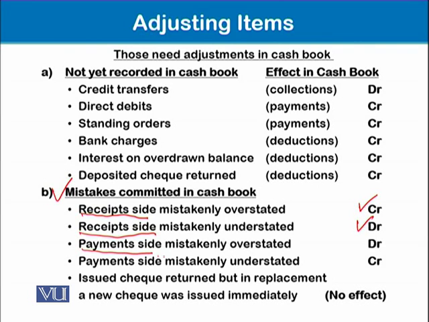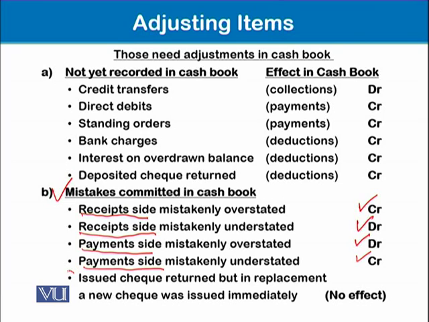Then payment side mistakenly overstated. Payment side is always the credit side. If it is overstated, we will reduce it by giving a debit effect. And if the payment side is mistakenly understated, meaning we put less amount in the credit side, we will put more credit. Okay.